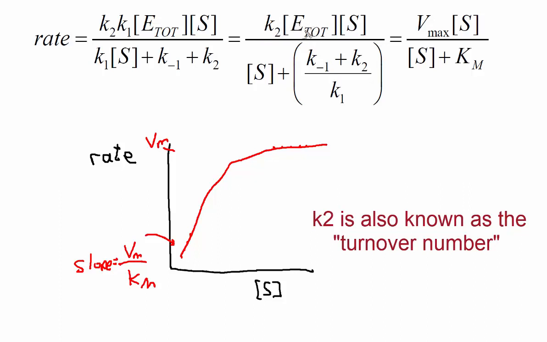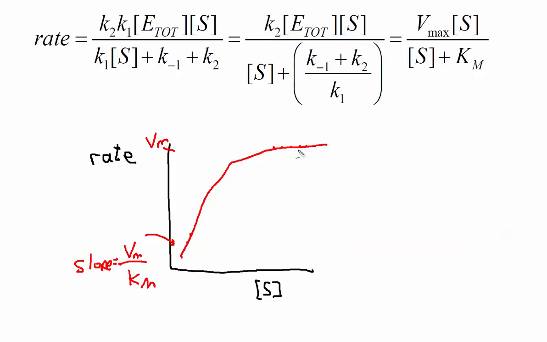So that gives us K2. Once we know K2, once we know Vmax, then the slope of the line initially can be used to get Km. So two parts of the data set are needed in order to fully flesh out the rate law and get the constants needed to describe the enzyme kinetics.